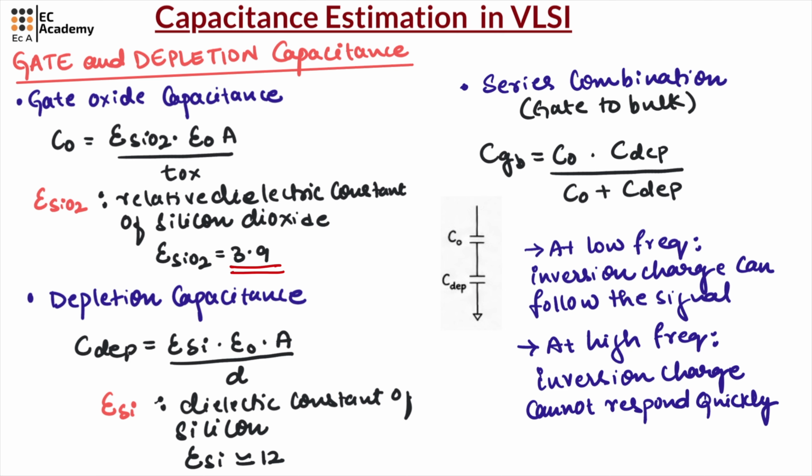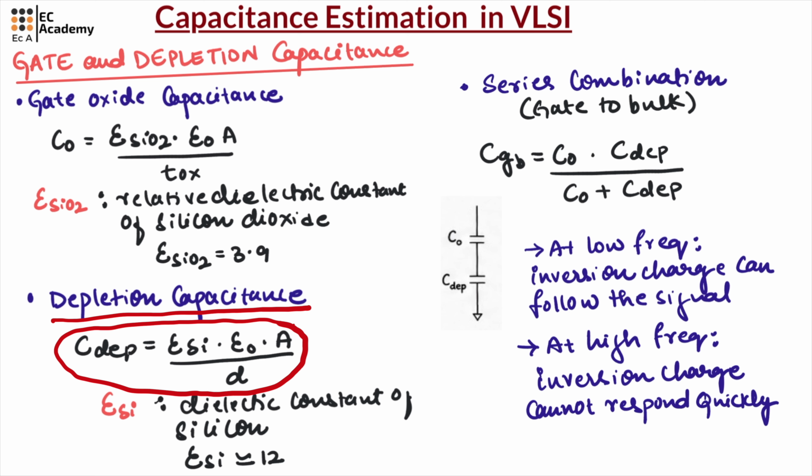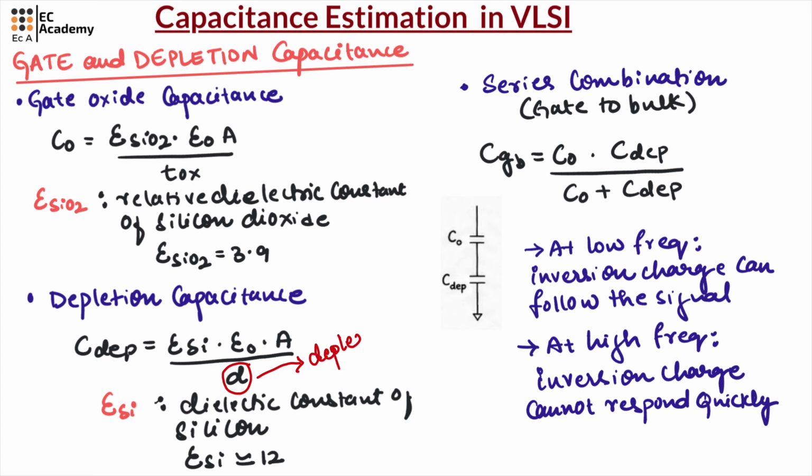So, you need to remember, the gate oxide capacitance depends upon the gate area and oxide thickness. Now, the depletion capacitance can be given as C depletion is equal to epsilon Si multiplied with epsilon naught multiplied with A divided by D. Here D is the depletion layer depth and epsilon Si is the dielectric constant of silicon, which is approximately equal to 12.